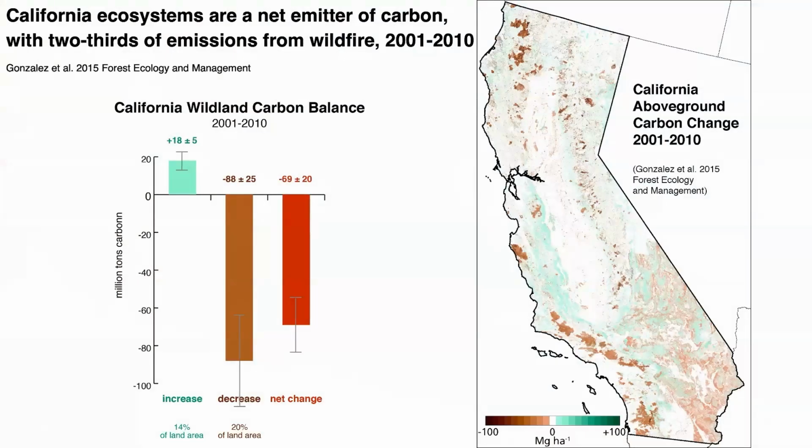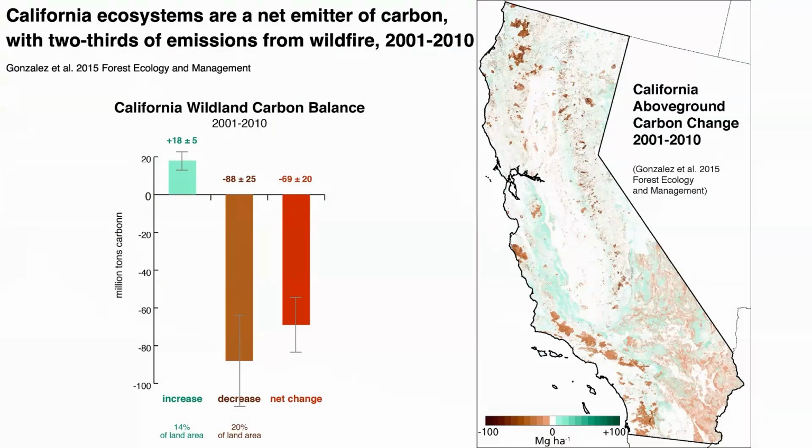Colleagues and I analyzed for the first time ecosystem carbon across the state of California. And actually we uncovered that same result for California, that California ecosystems had become a net emitter of carbon.